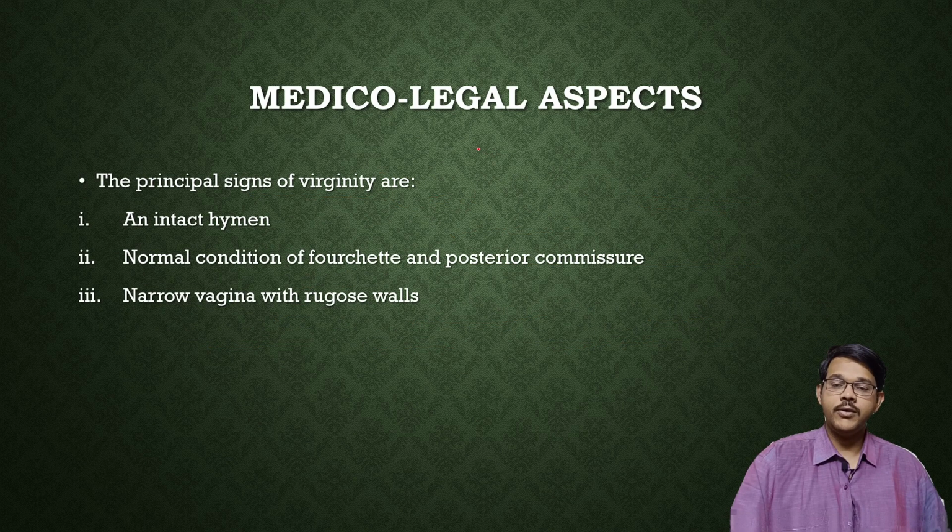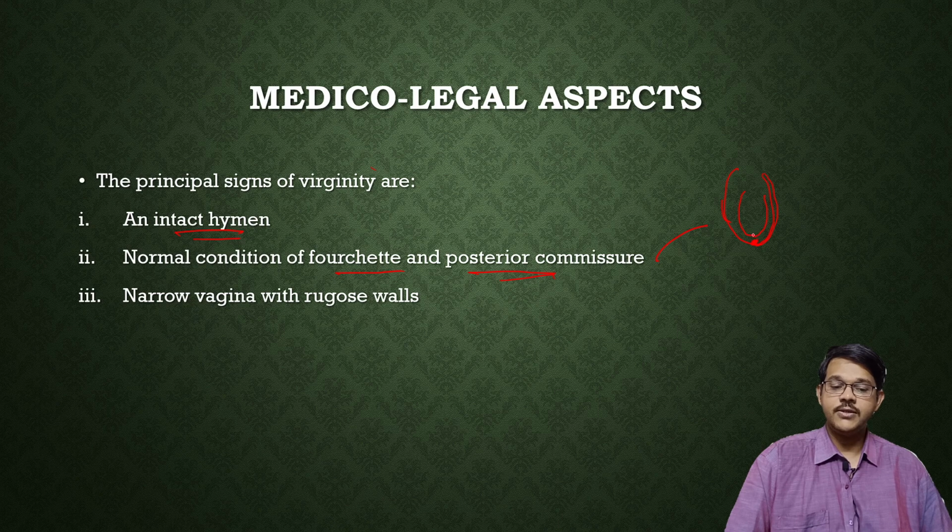Now about the medicolegal aspects of virginity. The principal sign of virginity is that an intact hymen should be present. There should be a normal condition of the fourchette and posterior commissure. The posterior commissure is the part where the labia majora approximate posteriorly, and the labia minora posteriorly form a fourchette.